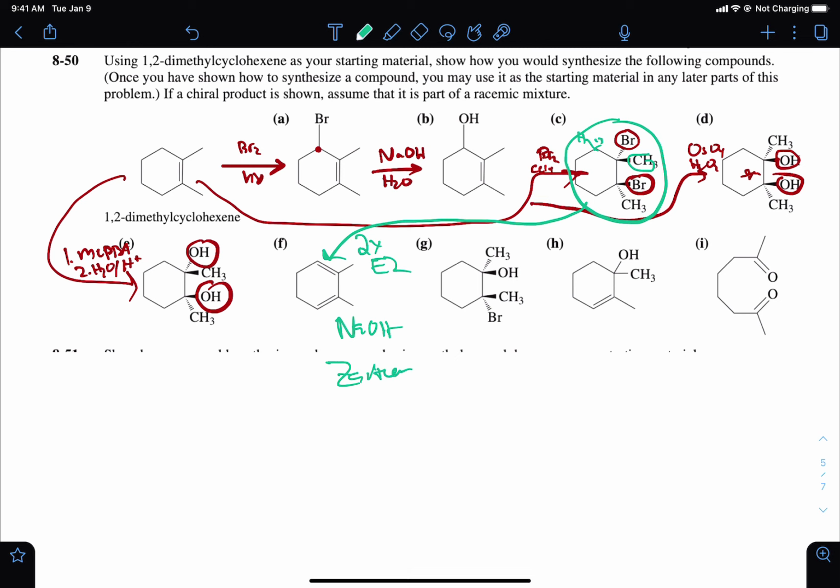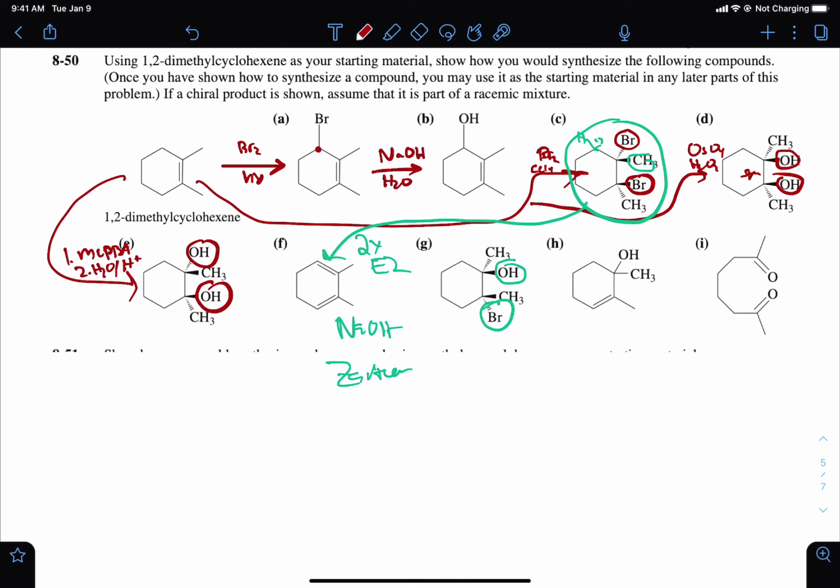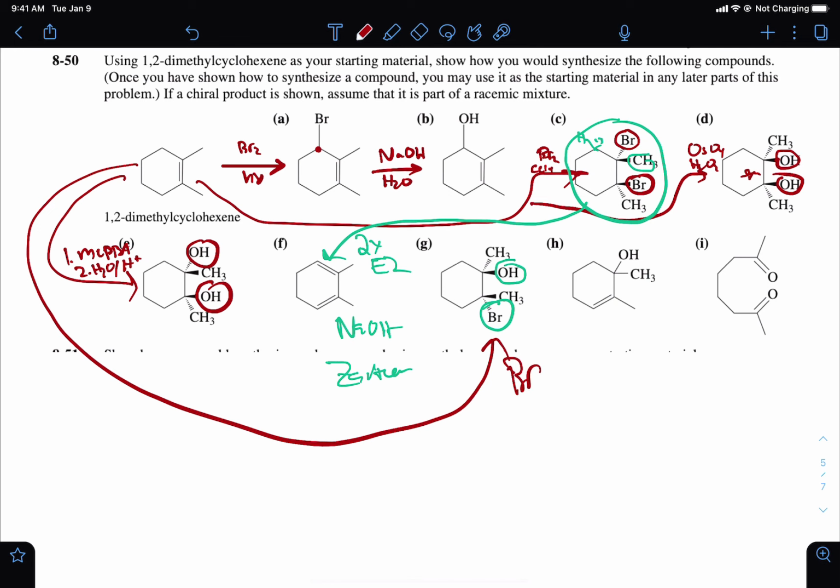All right. So here we have anti-OH and Br. So we've done that as well. Where we take our double bond, we use Br2 to make the bromonium, and then we open it up with water.